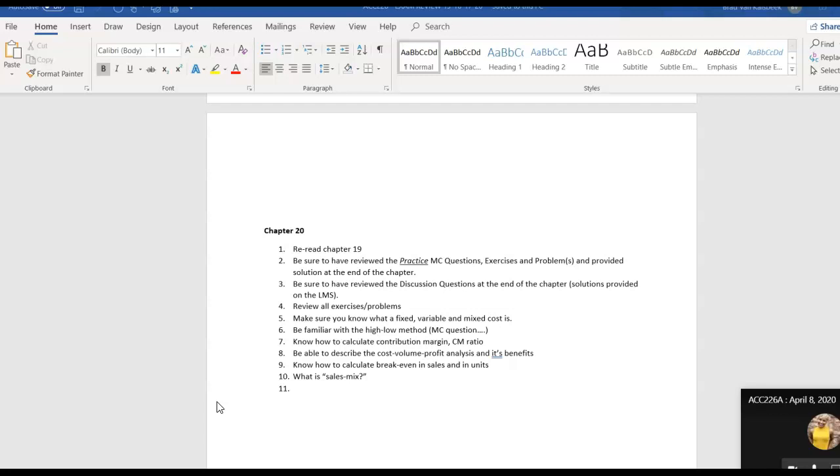And then problems 1A and 2A, all we're doing there is identifying fixed, variable, and potentially with 1A mixed costs.